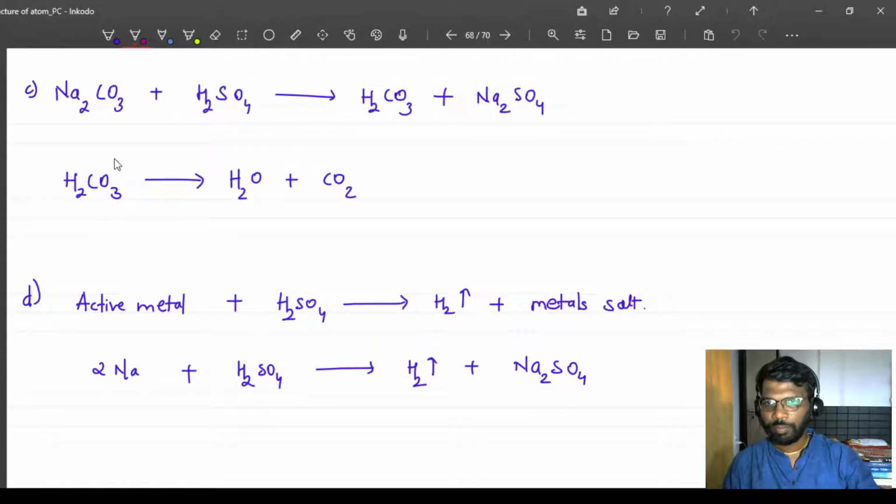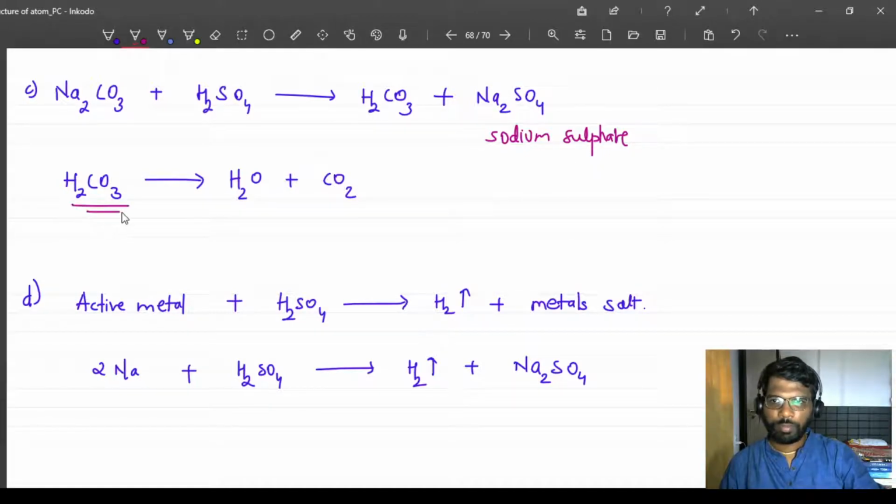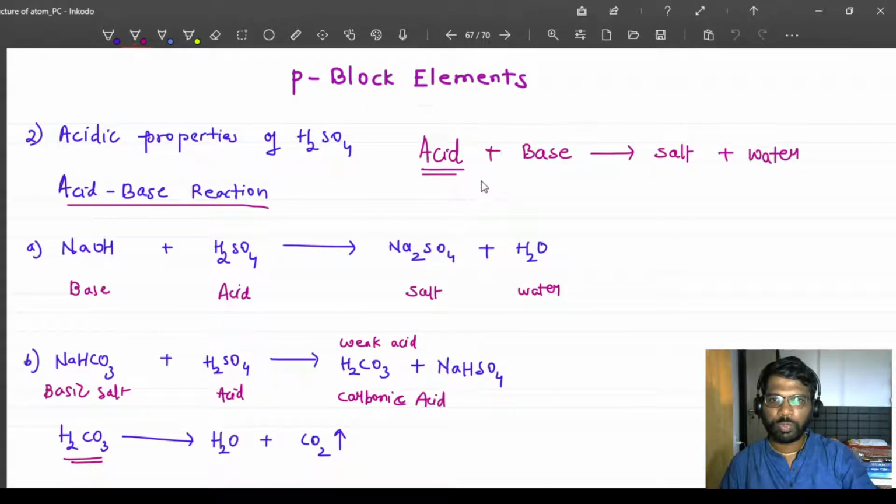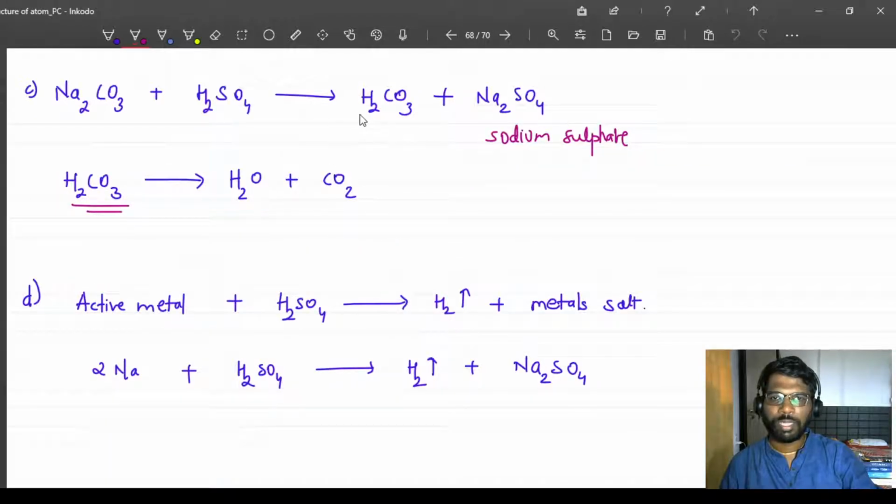Next, sodium carbonate, Na2CO3. This gives a compound called sodium sulfate, sorry, not sulfide. And further, again you are getting carbonic acid, H2CO3, like in the previous example.